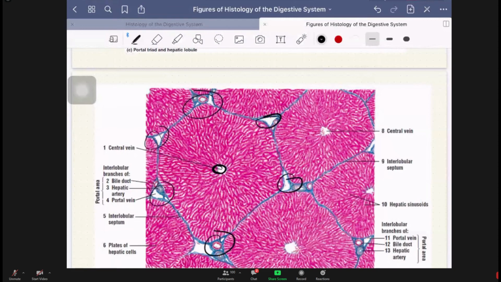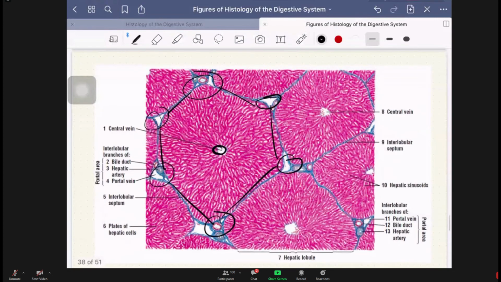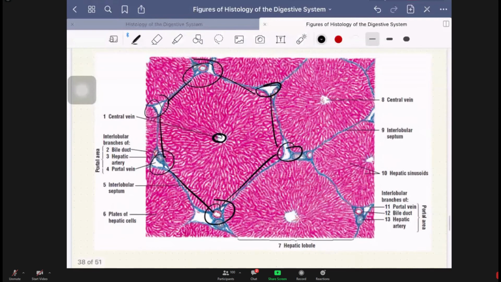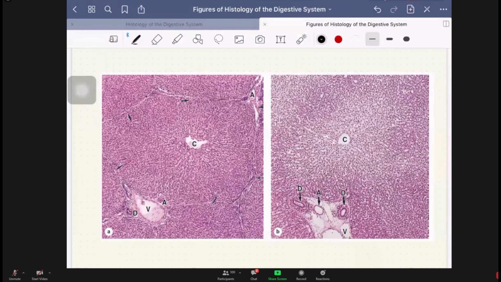This hexagonal structure is another hepatic lobule. In your college or the histological slide that you will get in the exam, it looks like this. You will not get the exact six portal triads on the six angles, or it is not always possible to see the textbook type hexagonal hepatic lobule.